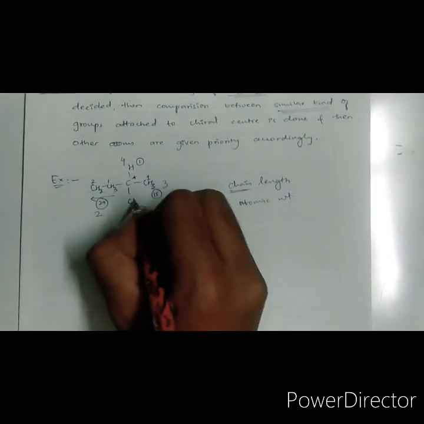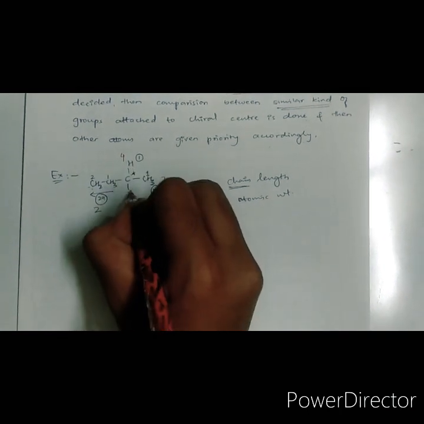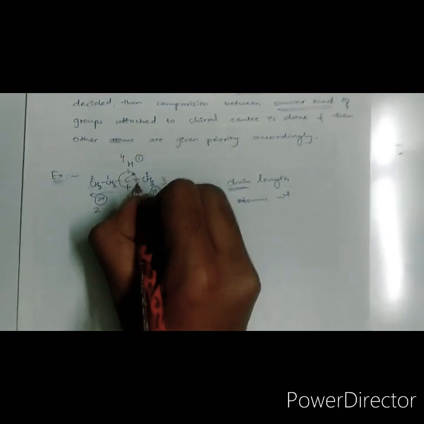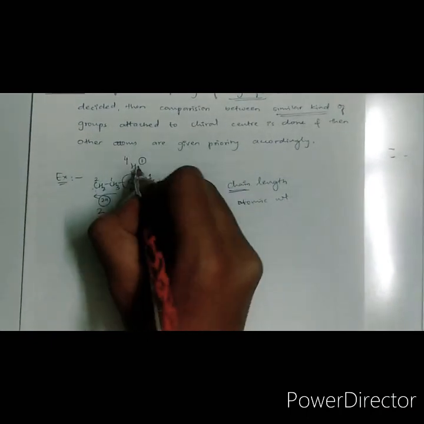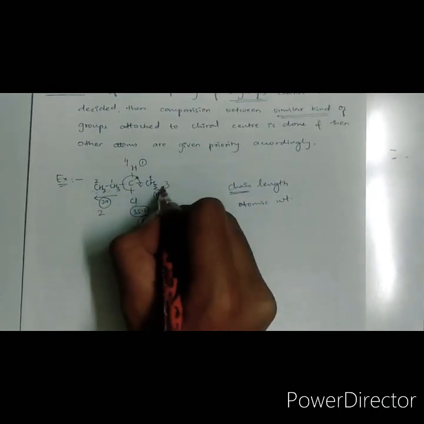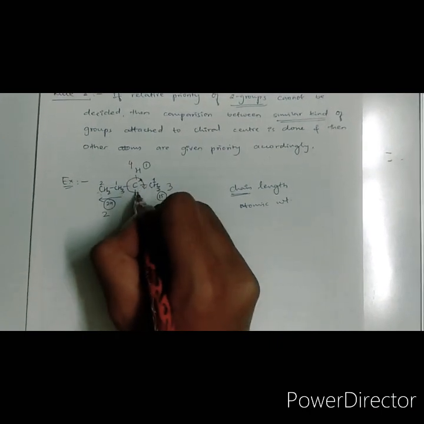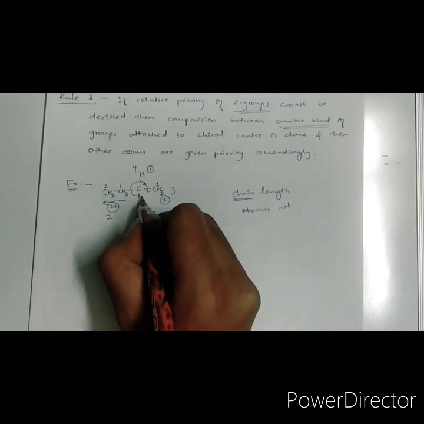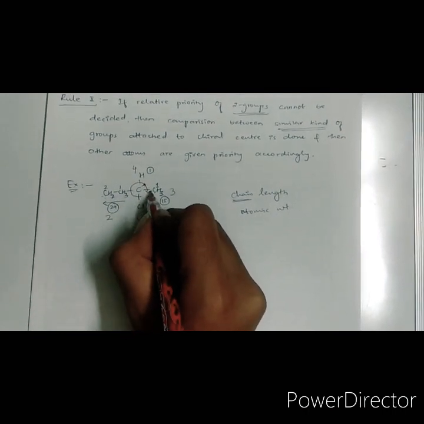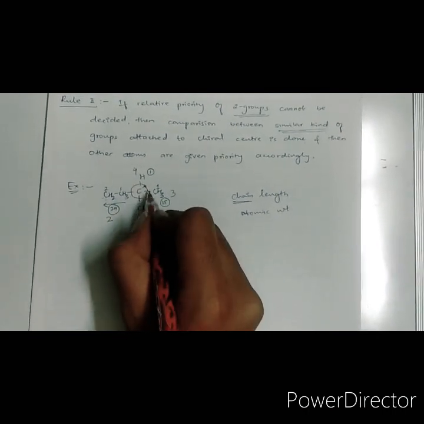Even though hydrogen comes in when we draw the imaginary plane, even if it comes in between, we have to count only 1, 2 and 3. So here now when we rotate this plane of priority, we can see it is moving from the left side to the right side.